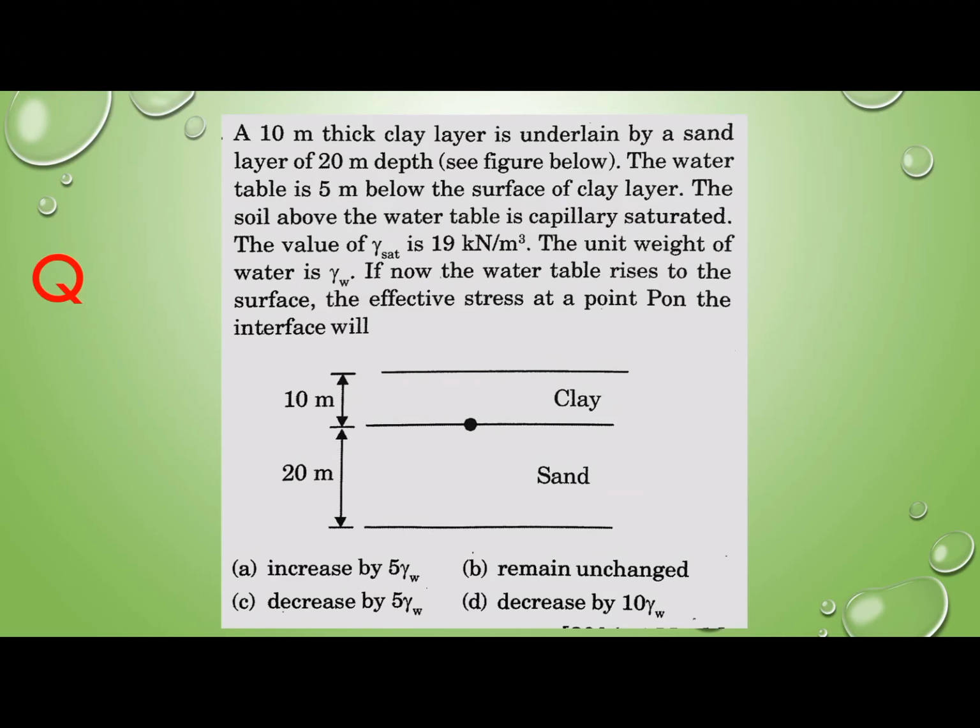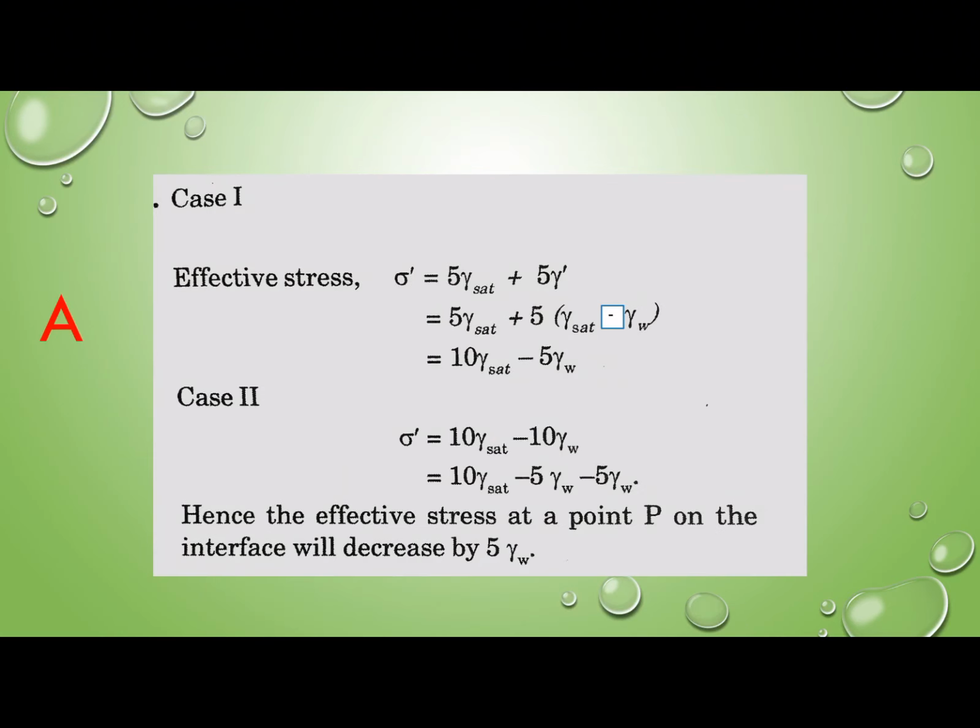So from the diagram it is shown 10 meter, it is completely clay, below that it is sand for 20 meters. So case 1: effective stress, denote it as sigma dash, is equal to 5 gamma saturated plus 5 gamma dash.